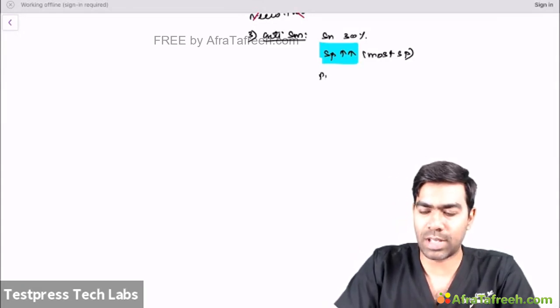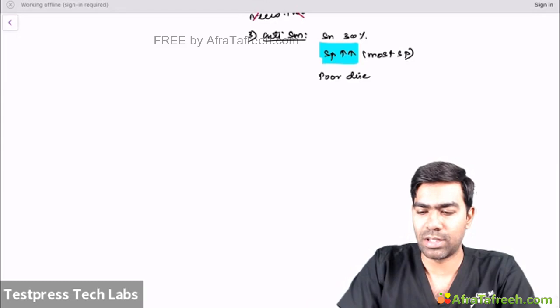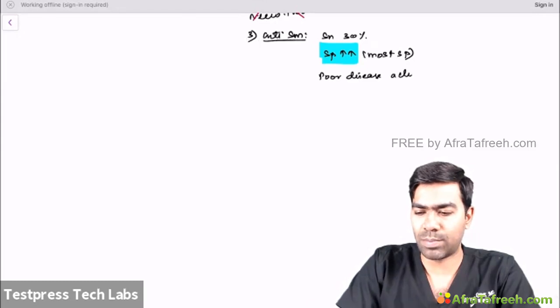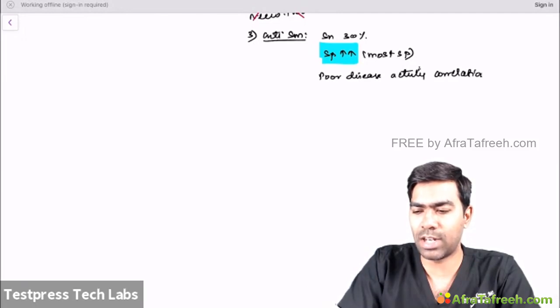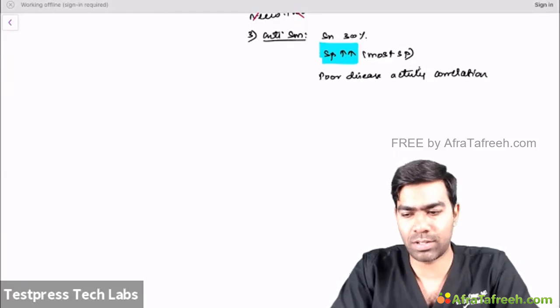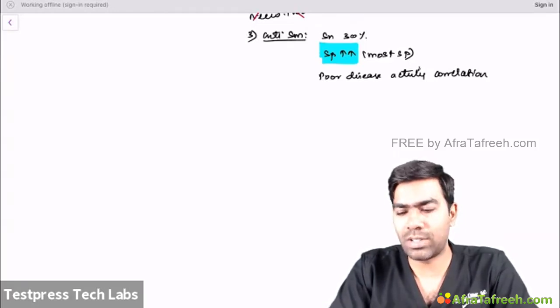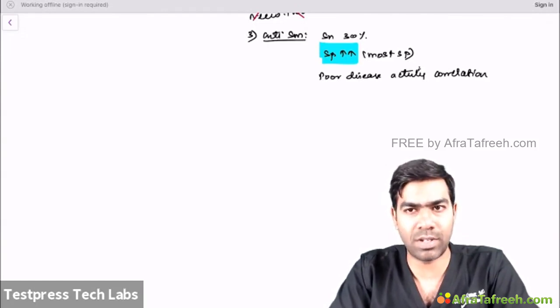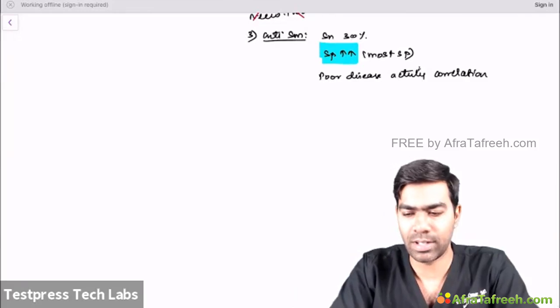As far as disease activity is concerned, it has a poor correlation, which means the presence of this antibody will tell you it is SLE, but whether the disease is active or not, you cannot predict based on this. But it correlates with severe disease, that's all. Whenever anti-Smith is there, it means the disease will be severe, but it does not correlate with any particular disease state or disease activity.